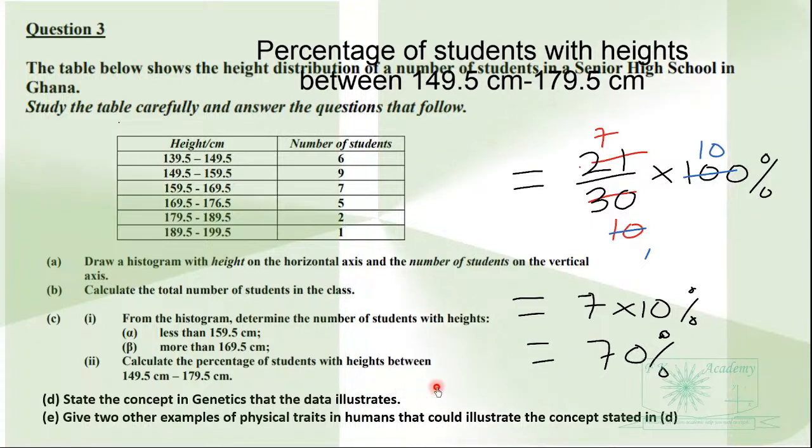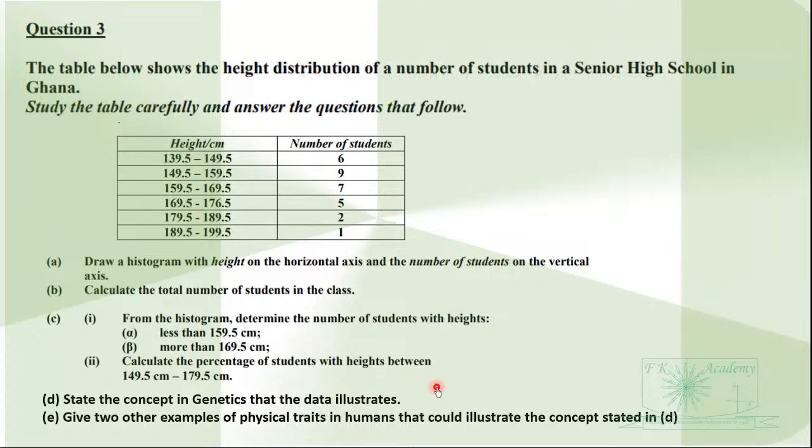So 70% of students have the height between 149.5 centimeters to 179.5 centimeters.